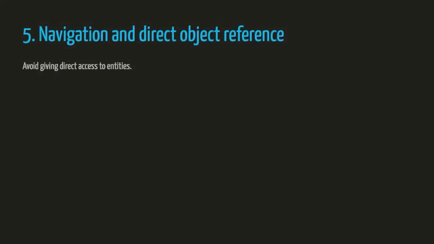Point 5 treats problems of navigation and direct object reference. What you have to remember here is that we must not give direct access to entities, perhaps by simply combining query string or page name. And also we must not give anonymous access to folders and static resources, with a necessary exception for the authentication page.